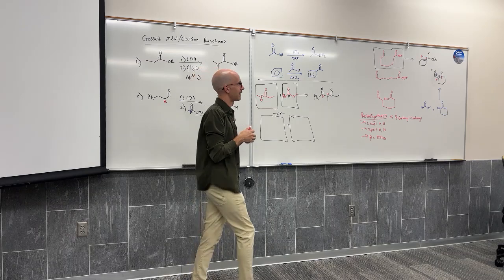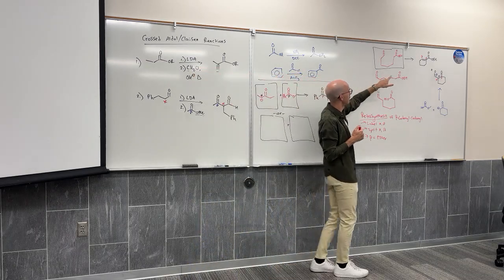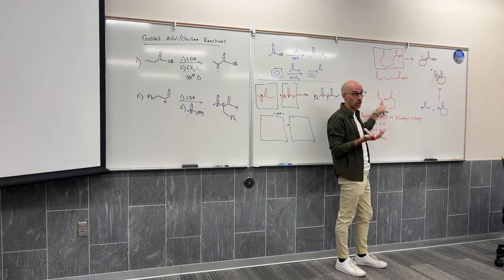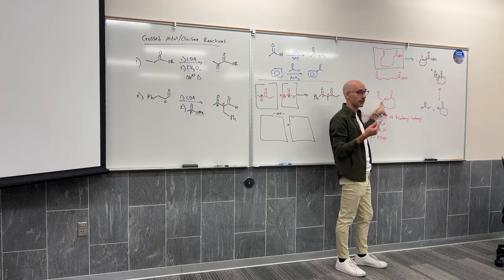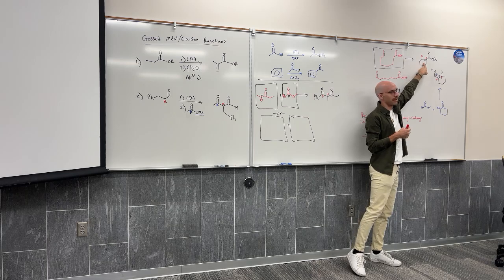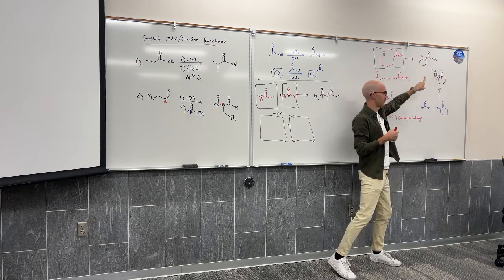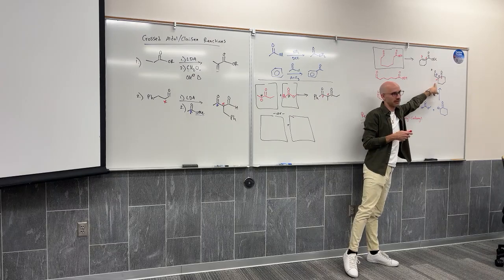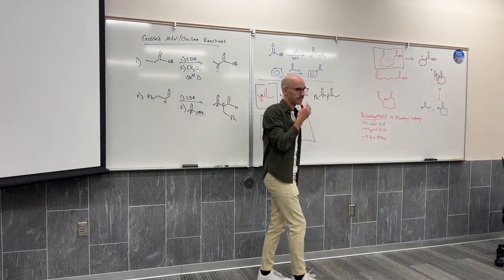If you're going to add, let's say, LDA to this reagent, both the ester's alpha carbon and the aldehyde's alpha carbon have a good chance of becoming the nucleophile. If the ester becomes the nucleophile, then I get something that resembles aldol condensation. If the aldehyde becomes the nucleophile, I get something that resembles Claisen condensation.